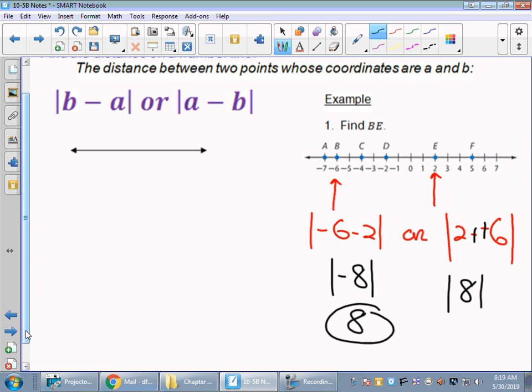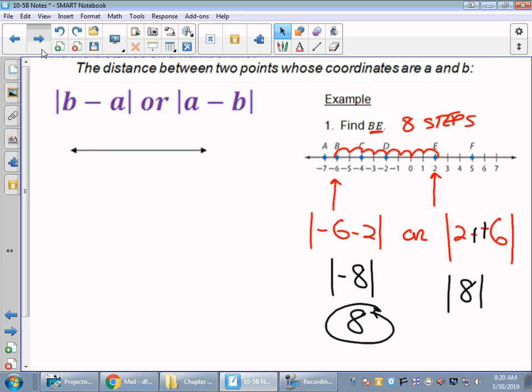I'm just going to drop the sign. Remember, it doesn't matter positive or negative. It's the distance from 0, so you drop the sign. It always becomes positive. Another way you could easily do that is to just count them from B to E. 1, 2, 3, 4, 5, 6, 7, 8. 8 steps. So horizontally on a number line, it becomes pretty easy to find the distance.